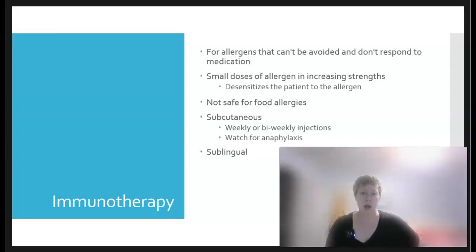And then, like I said, we're watching for anaphylaxis. Patients who are on these treatments generally have EpiPens at home. Sub-Q injections are the most common, but there's also some that are sublingual, so the patient can put a dropper underneath their tongue of whatever allergen they have to be exposed to.